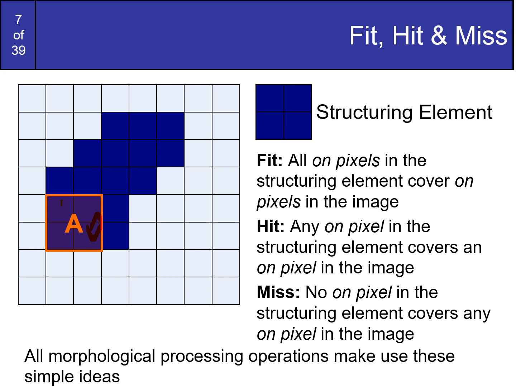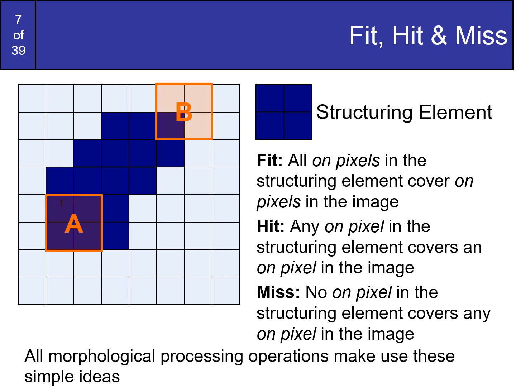Okay, now we will look at the next situation, which is called hit. Hit is when any on pixels in the structuring element cover an on pixel in the image.